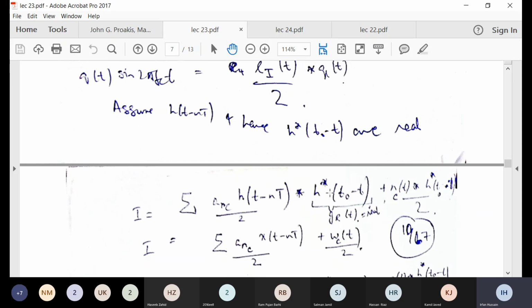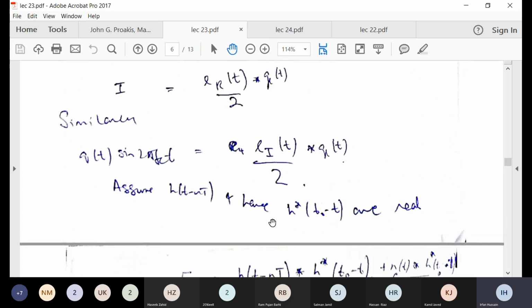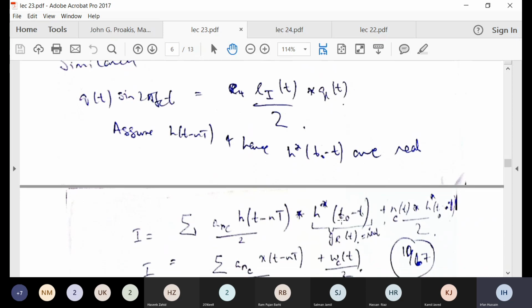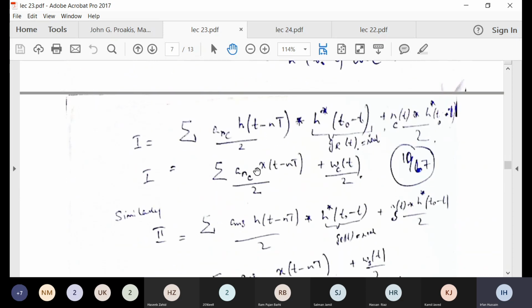Because this is actually real, this will be your r_R. So r_R will be the real part convolved with the real channel coefficient. So this will give you the real part, and r_I, that was with the imaginary part, and again that will be convolved with the channel coefficients, which are again real.